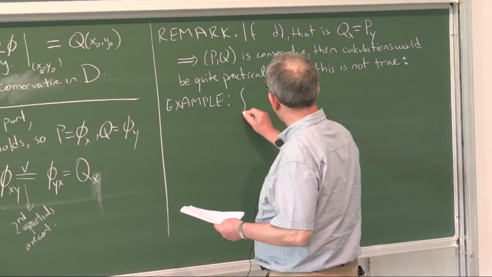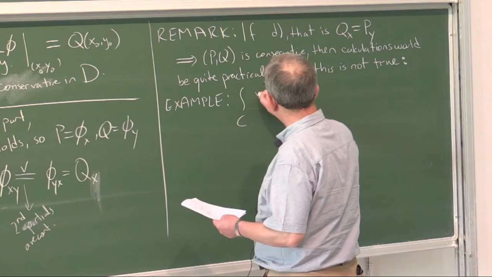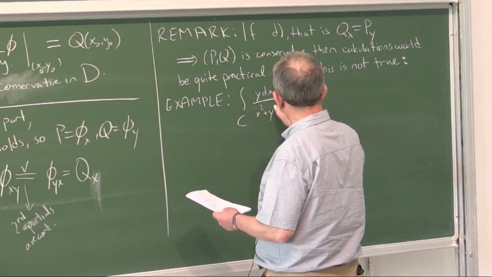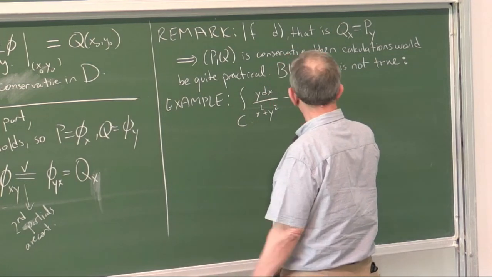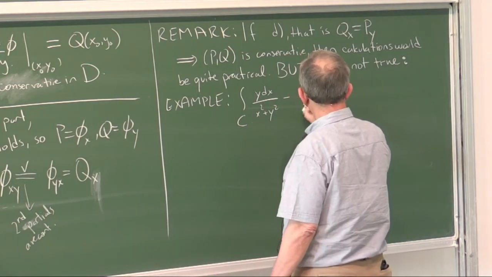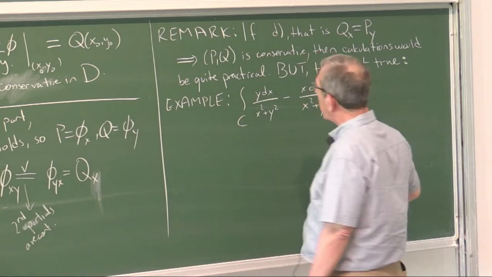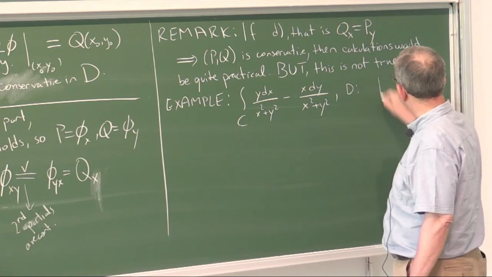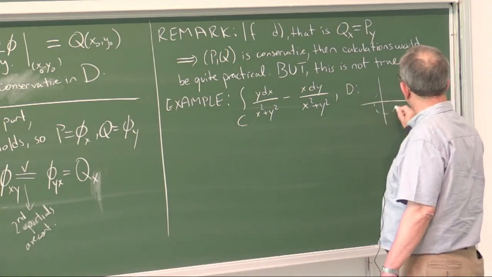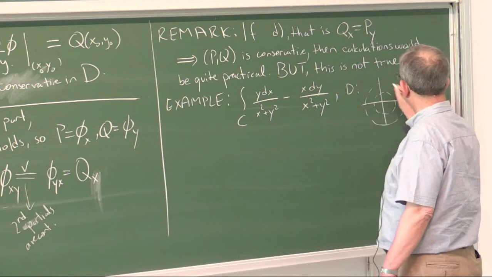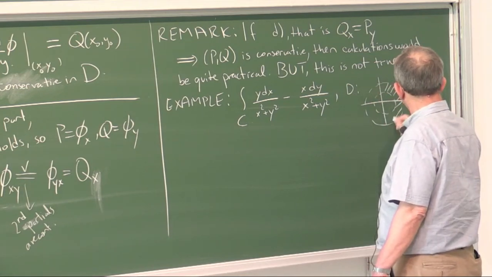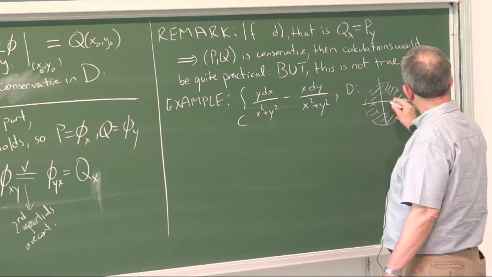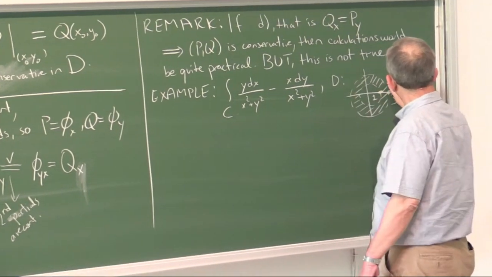The example is the integral of y dx over x squared plus y squared minus x dy over x squared plus y squared, and D is the following annulus, where the radii are 1 and 3.